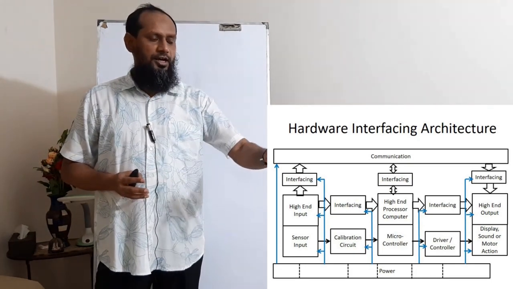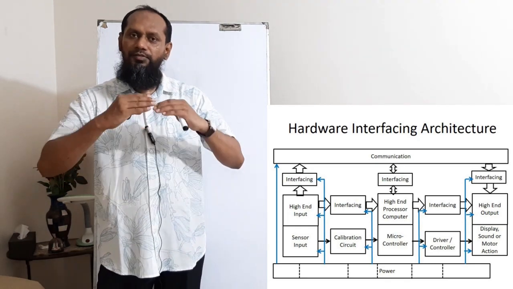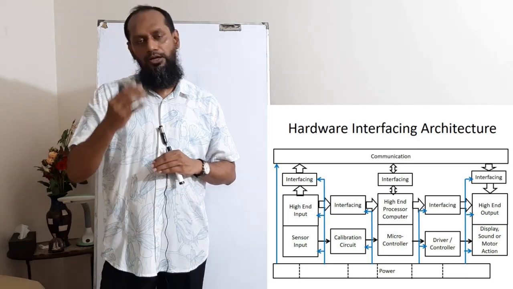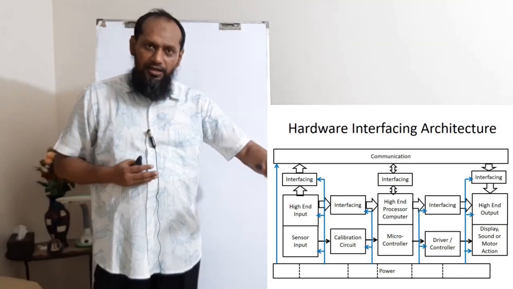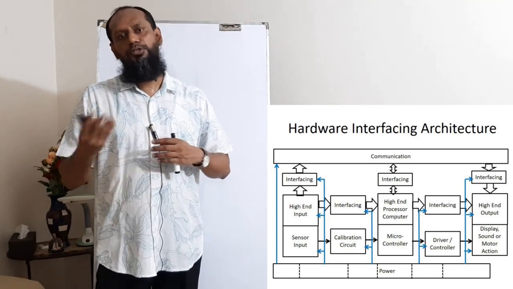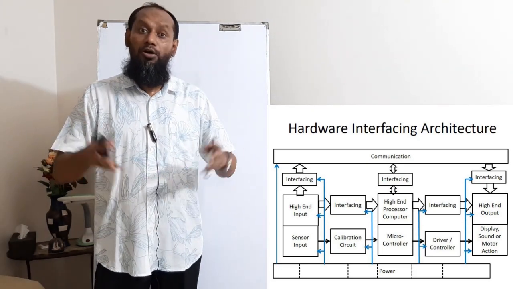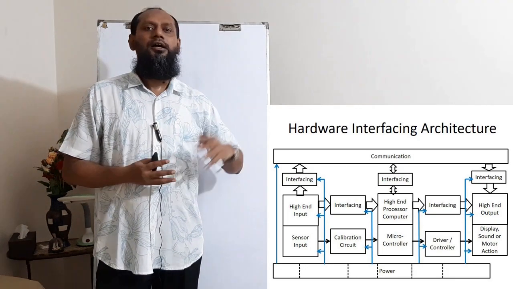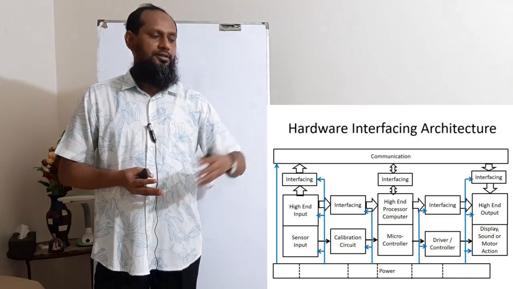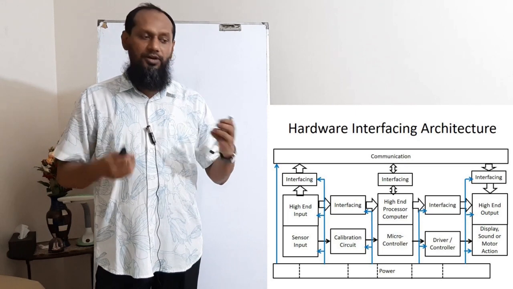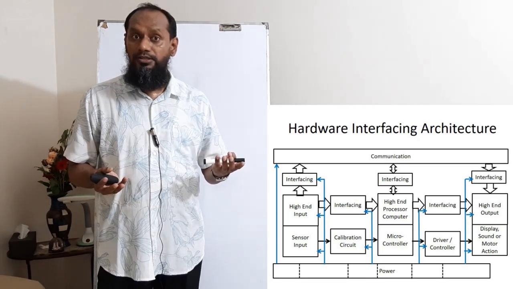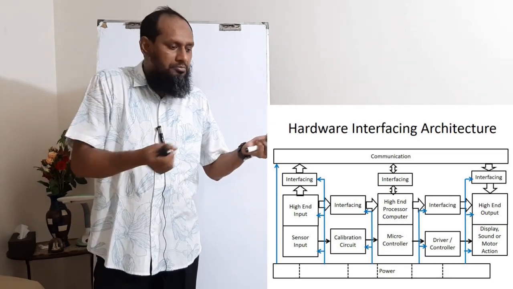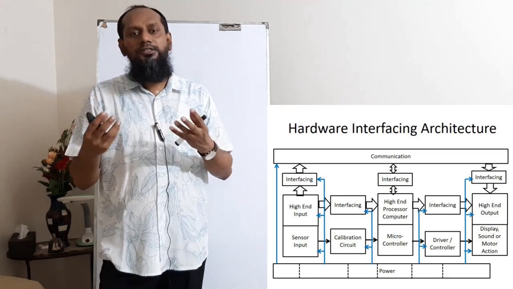You can see the processor is in the center, but I have divided it into two parts. One is the high-end processor, the high-end processing computer, and on the bottom part I said low-end processor, or you can say microcontroller, or just a controller IC. On the left, you can see a high-end input device like a keyboard. A keyboard is a high-end input device because it is not just a switch or another very simple input device.